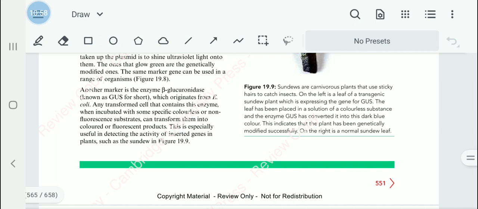Then another marker is the enzyme beta-glucuronidase, known as GUS. Again, this originates from E. coli.